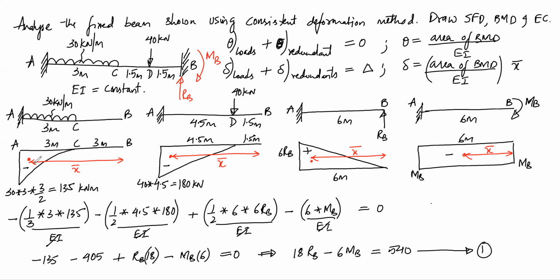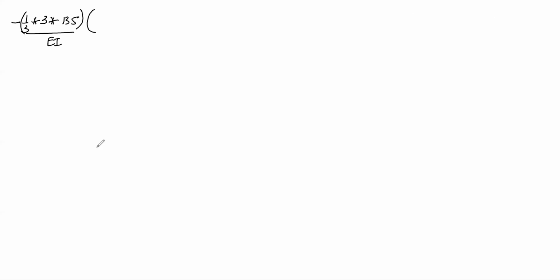So for the first BMD, it is given as minus 1/3 into base is 3 meters, height is 135, divided by EI multiplied by the centroidal distance, which will be 3/4 of 3 plus 3.